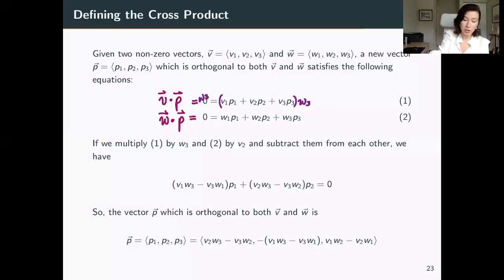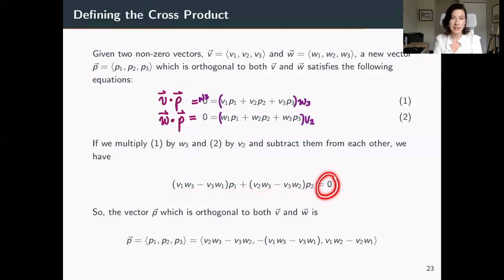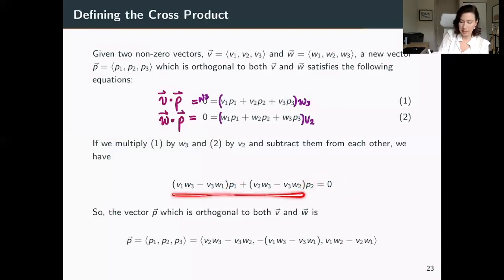And on equation 2, we multiply both sides by V2. Then, when we subtract them from each other, we end up with the following equation. We want this to all be equal to 0. So we need to find out what values P1 and P2 are going to make this equal to 0.